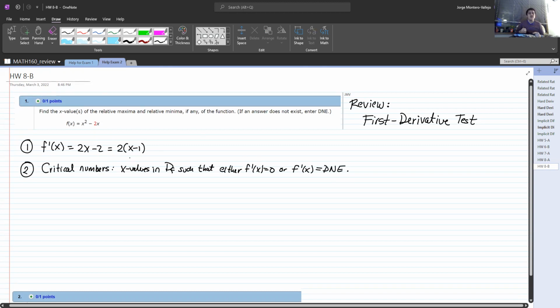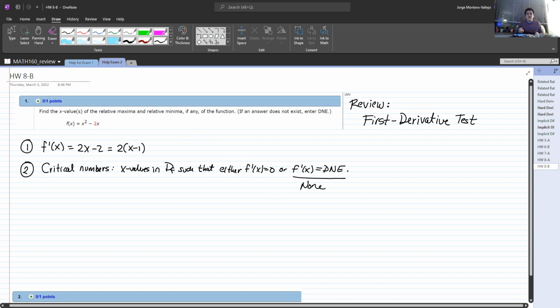Here f prime of x is 2 times (x minus 1). We can already see that whatever x value we pick, it will never make f prime of x not exist, so any x value works. We are not going to find any of this kind.